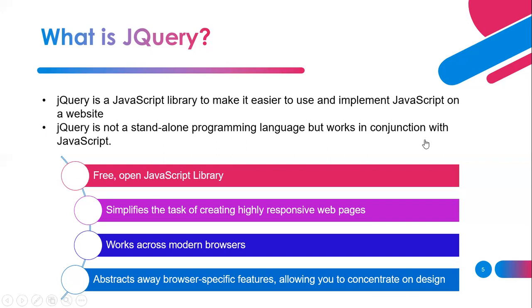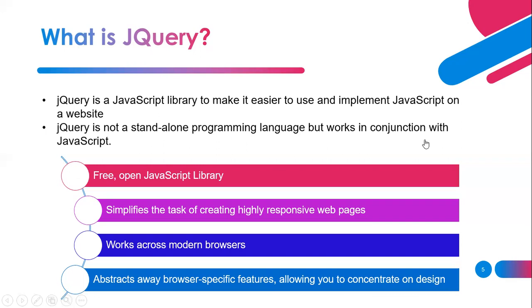So for jQuery, because jQuery is a modern programming language, we don't need to add something like that. So it works with the same code in every browser. So it abstracts away browser-specific features.